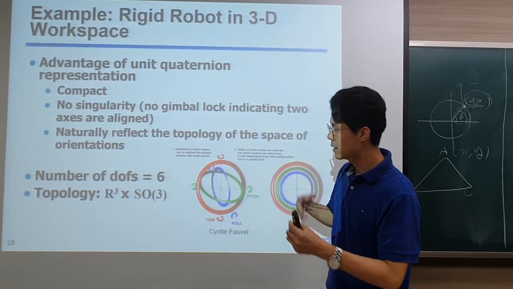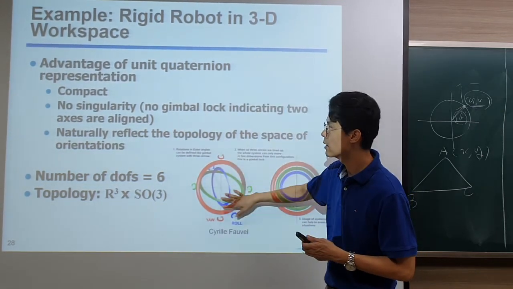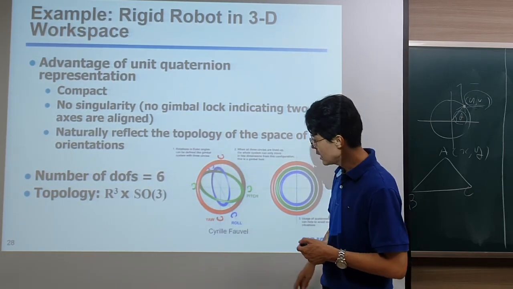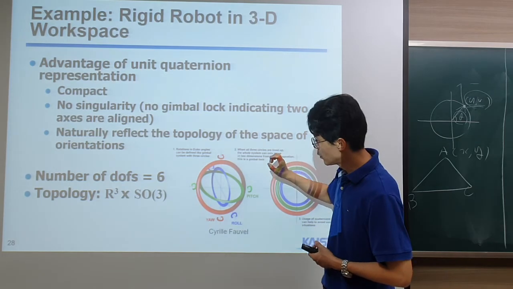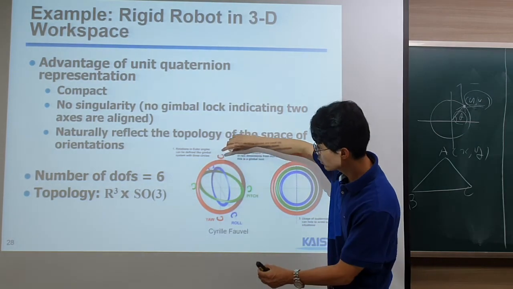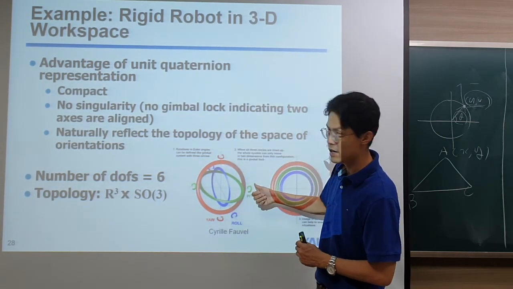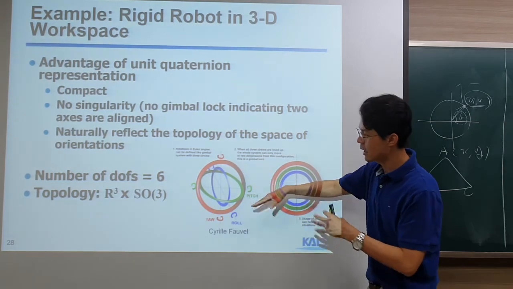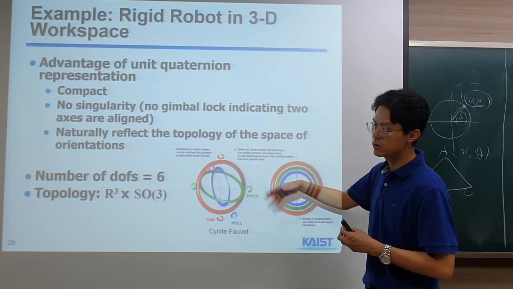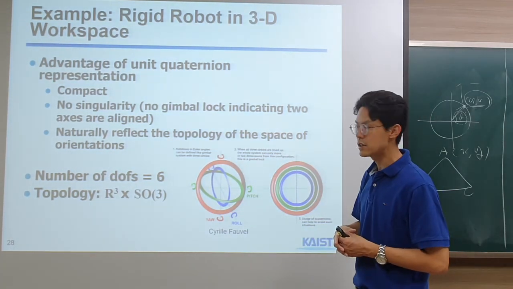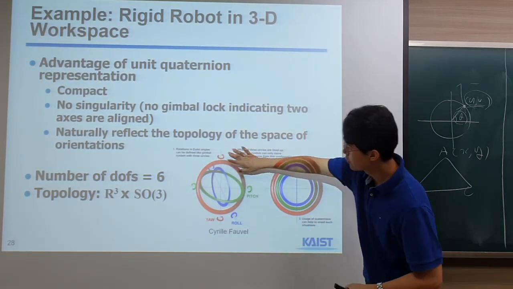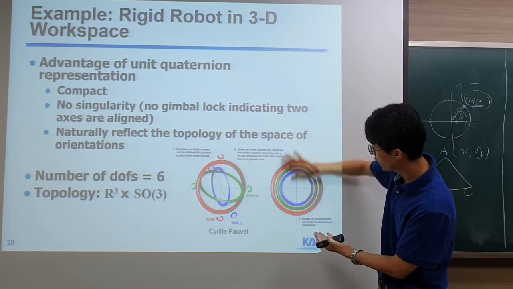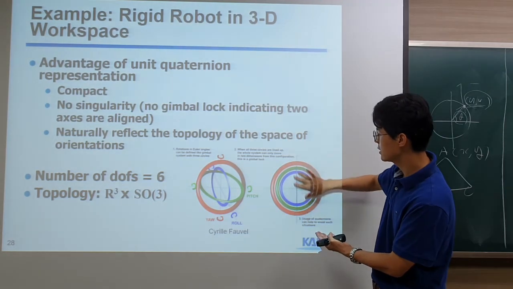Basically, you can think about this kind of gimbal, and you might have seen this kind of device in the book, right? We can change the orientation along the x, y, z directions. This is the case with Euler angles or the 3x3 rotation matrix. But at a particular configuration, the rings can be aligned into one axis.